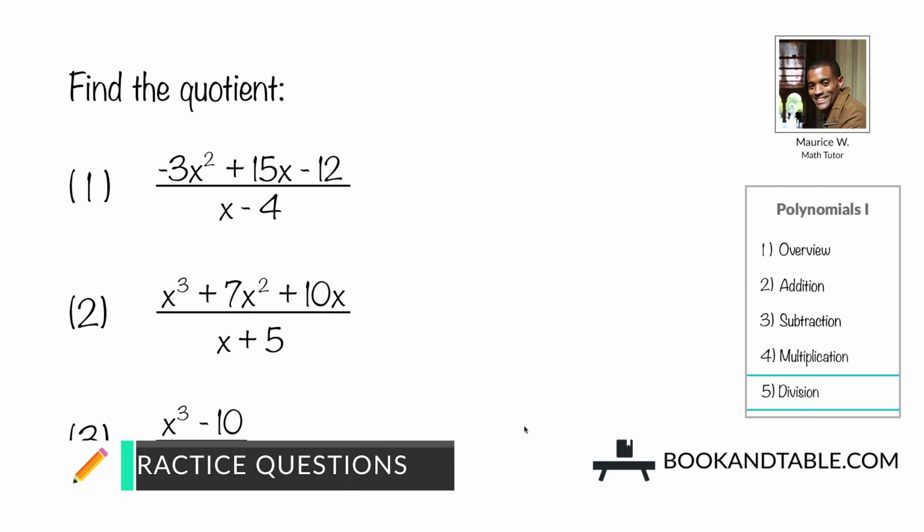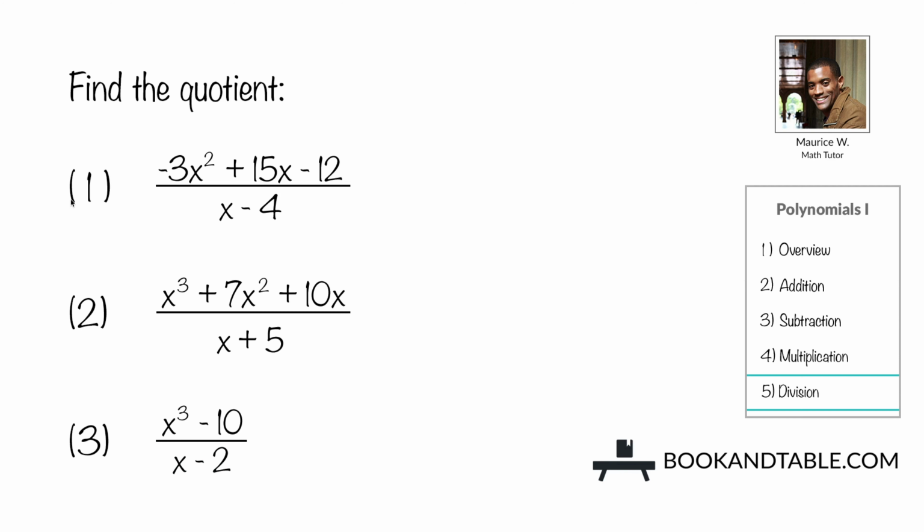Let's have you complete a few practice questions. Question number 1. Find the quotient of negative 3x squared plus 15x minus 12 divided by x minus 4. Question number 2.